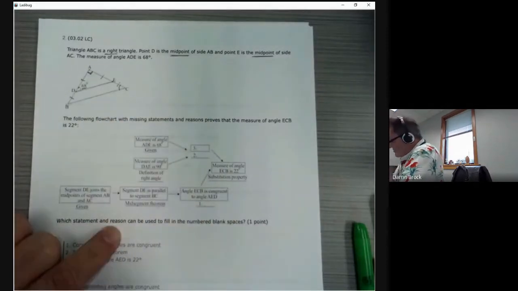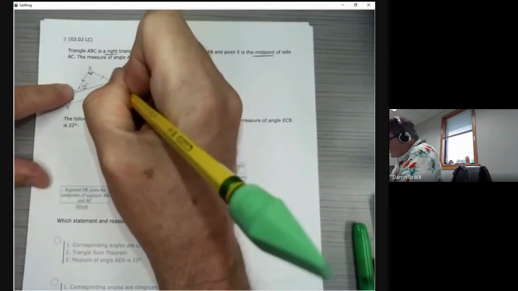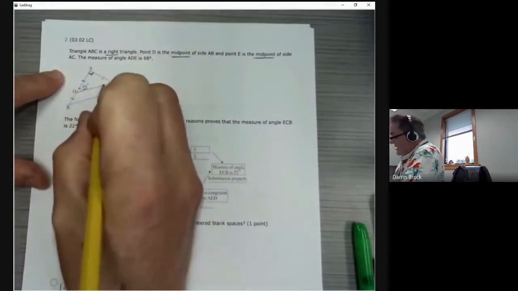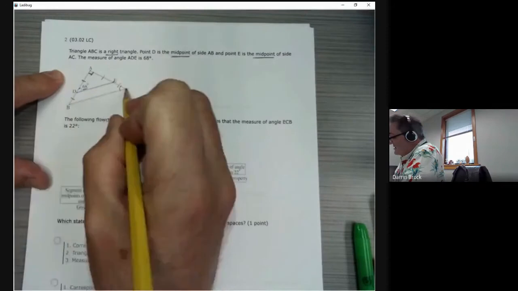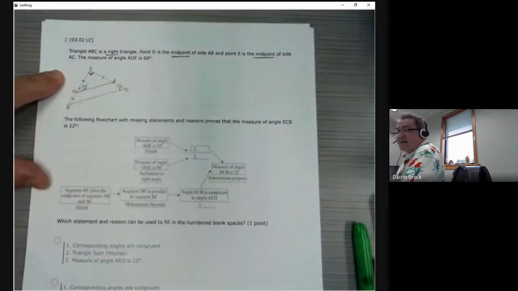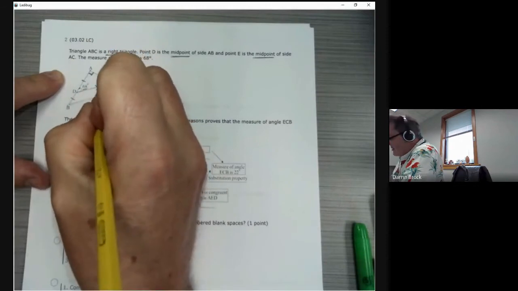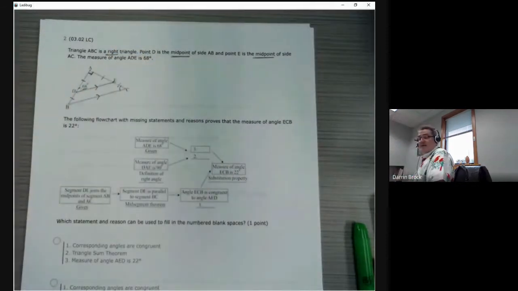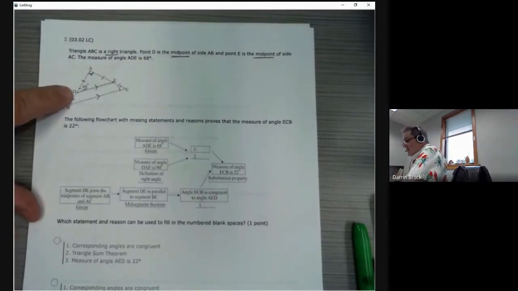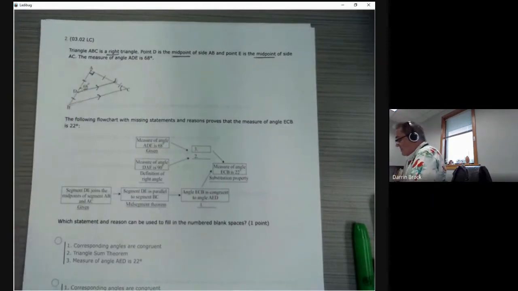And the mid-segment theorem says if you have two midpoints and you connect them, it is going to be parallel to that third side of the triangle. So this is going to be parallel to that by the mid-segment theorem, because we said these are midpoints. So that makes those parallel.